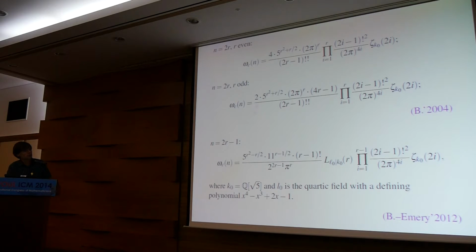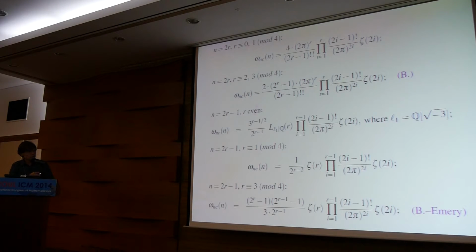So this is for the co-compact case. You can see zeta and L values that naturally feature in these formulas. And there are also some rational factors and multiples of pi. These formulas are a bit long, and there's also the non-co-compact version.